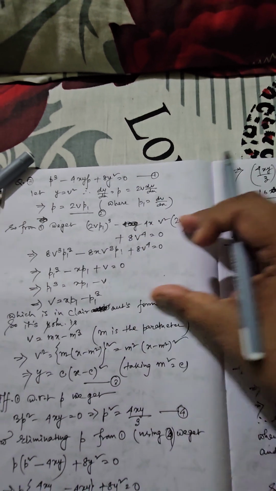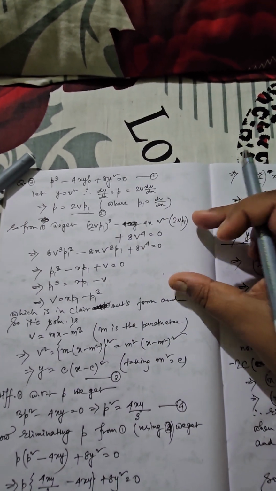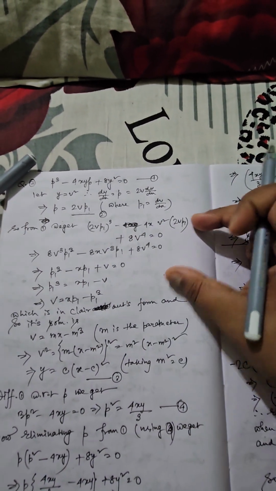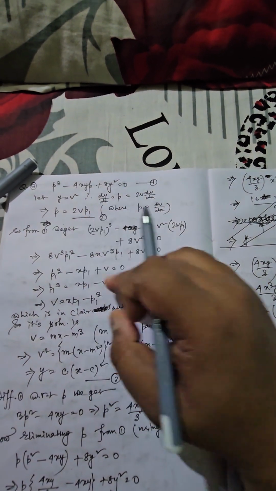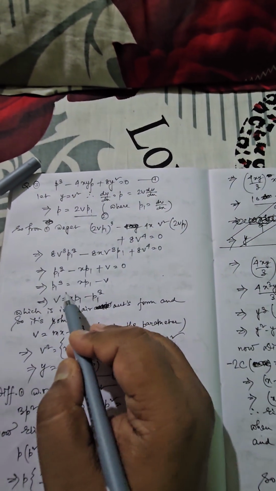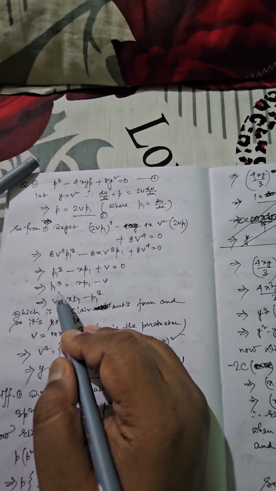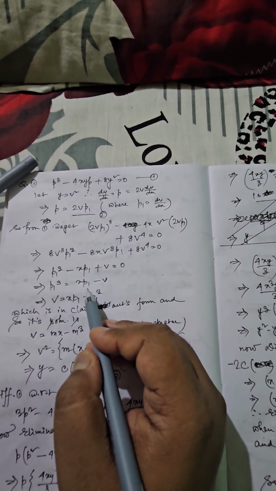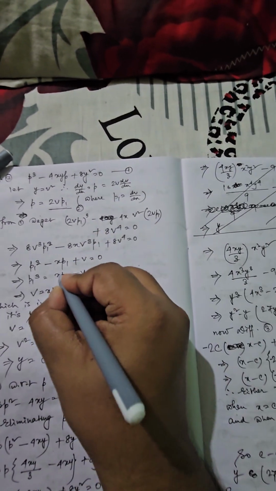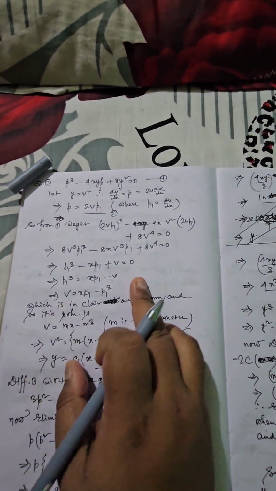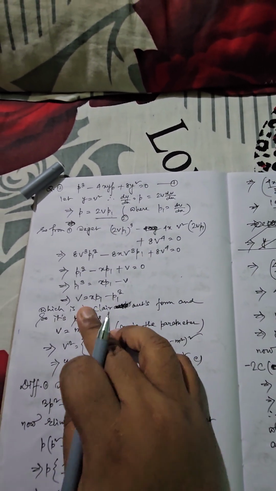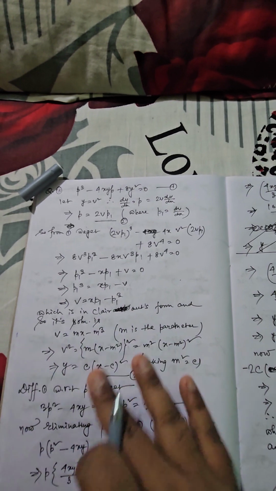Now I am not discussing the calculation in detail. Simply after solving this expression by using this particular value 2v p1, after some simple calculation you will see I have obtained p1 cube equal to xp1 minus v. So you can rewrite this expression as v equal to xp1 minus p1 cube.